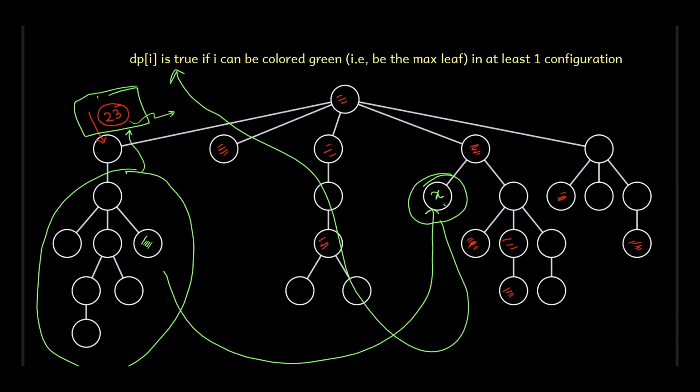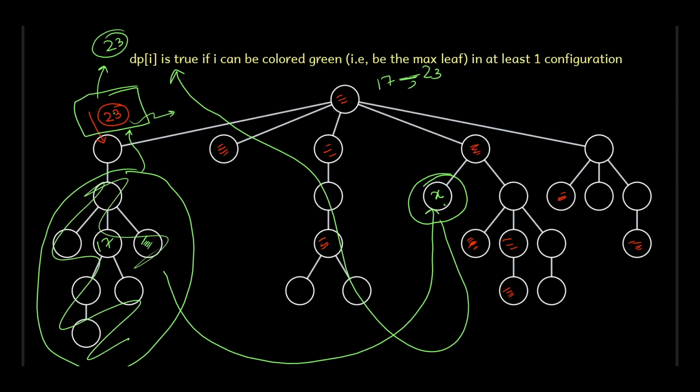We don't care about the pivots that are greater than 23 because they will delete 23 as well. We want 23 to lead, and if this is 17, we want a pivot in between, so that we can use that pivot to greedily delete this thing, and then we will become the maximum.